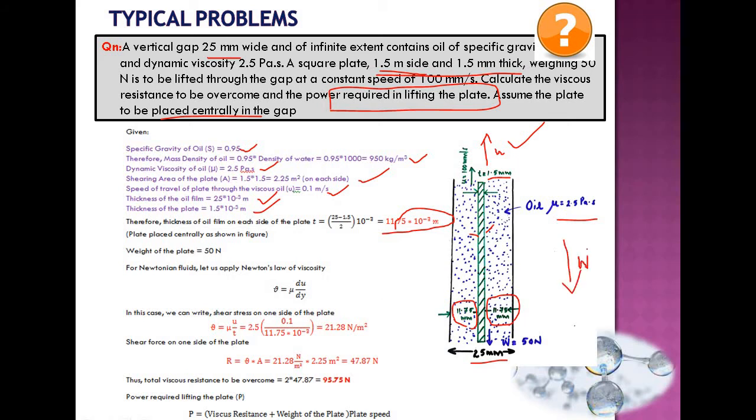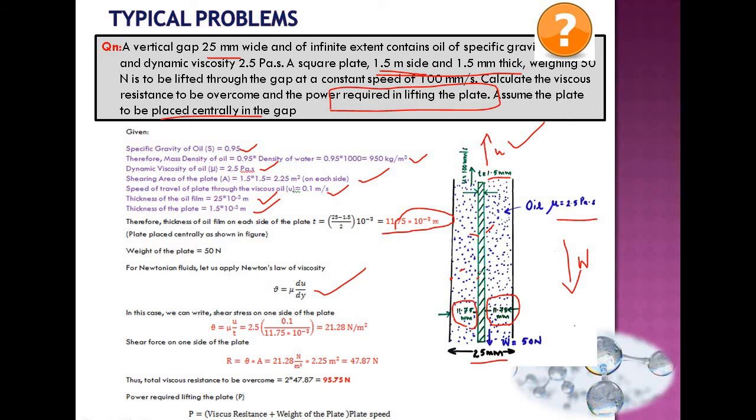So assuming Newtonian fluid, you have tau equal to mu into du by dy. If you take the first section, that is the left side section, what is dy? 11.75 into 10 raised to minus 3. What is du? This wall is stationary, and the fluid adjacent to the plate is moving with the velocity of the plate.